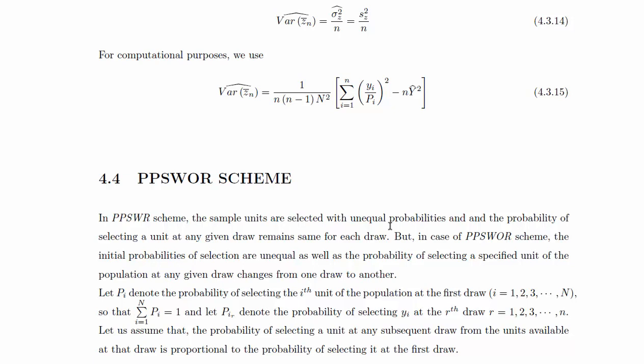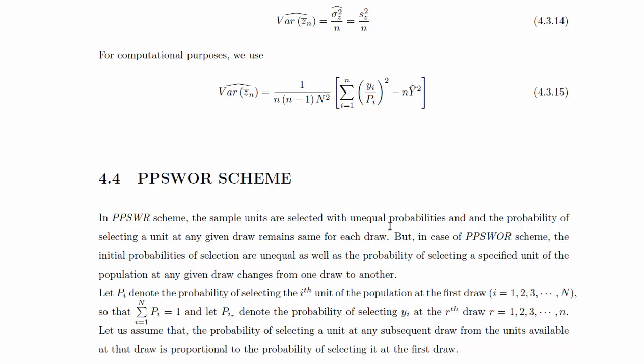But if we consider the without replacement scheme, here once a unit is selected from the population with unequal probabilities, it is kept away. That means it is not replaced into the population before the next drawing is made. It remains outside forever.